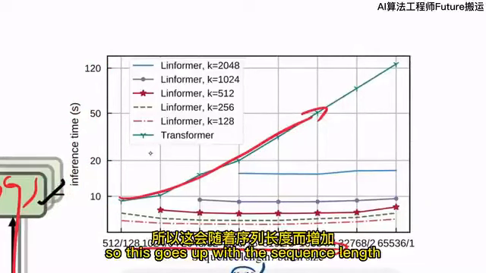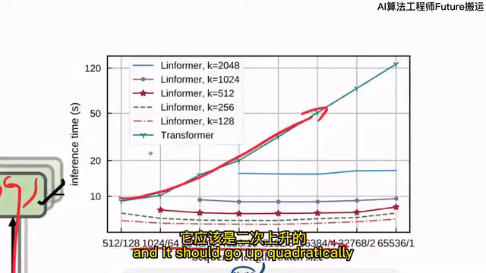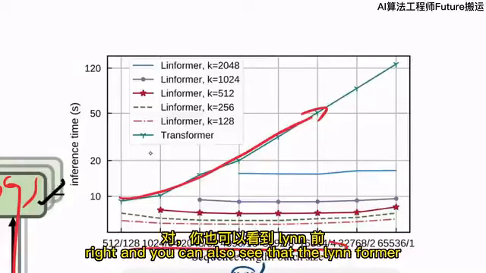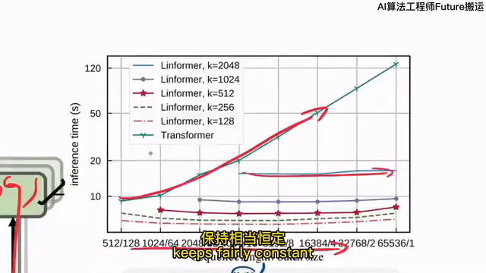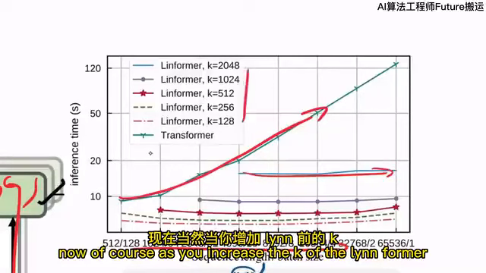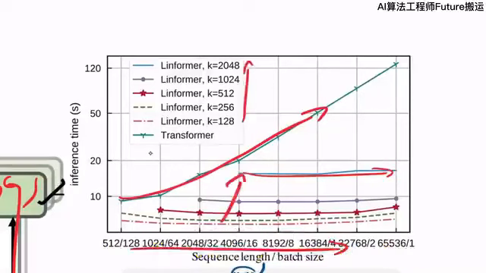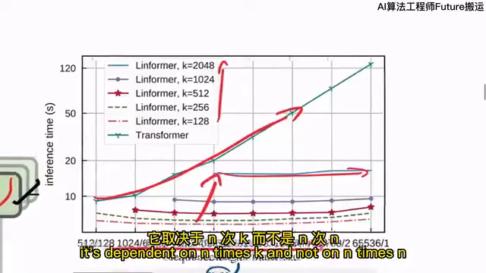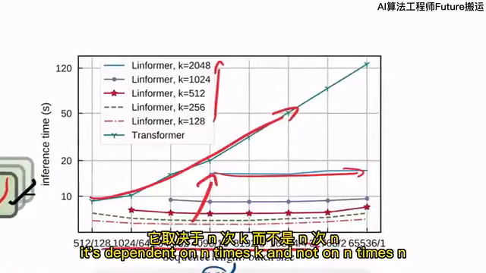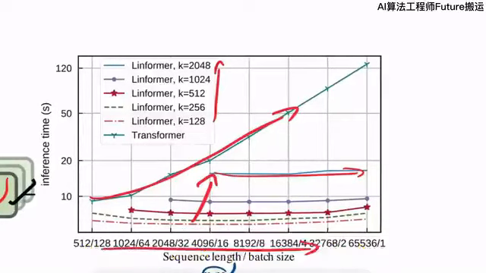So this goes up with the sequence length, and it should go up quadratically, right? And you can also see that the Linformer keeps fairly constant for the same k. Now, of course, as you increase the k of the Linformer, the inference time will go up, because now it's dependent on n times k and not on n times n.